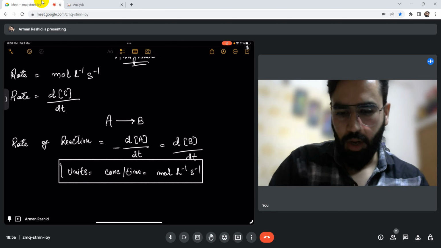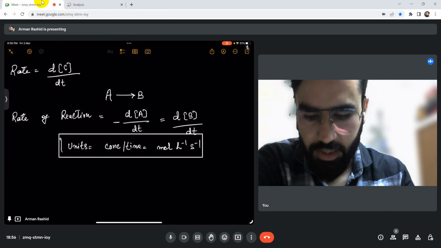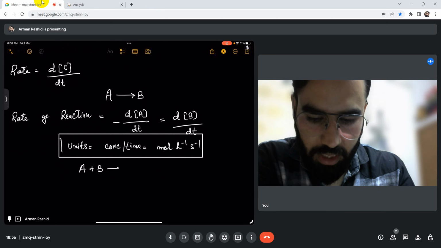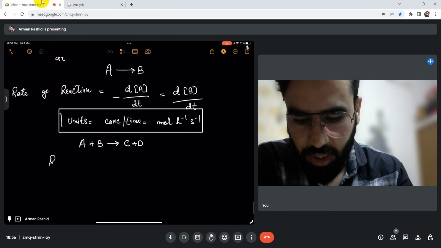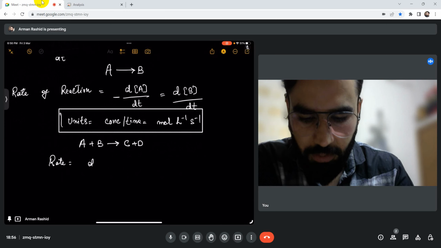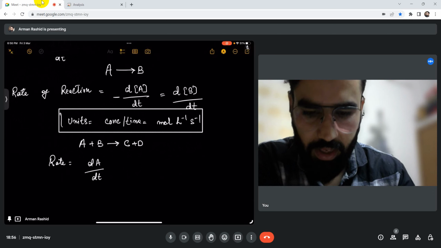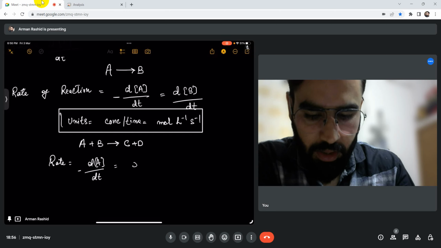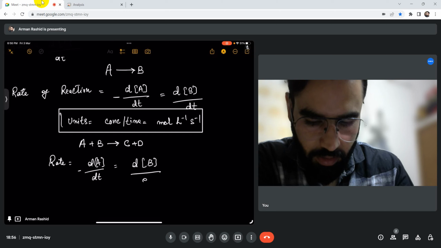Now this is a very simple reaction where A is getting converted into B, but there can be other reactions, like A plus B getting converted into C plus D. For that, the rate of the reaction can be written as minus d[A]/dt, with a minus because A is a reactant, equal to minus d[B]/dt, equal to d[C]/dt, equal to d[D]/dt.